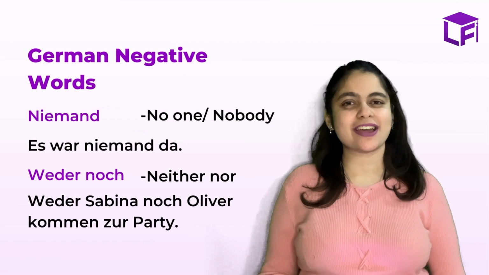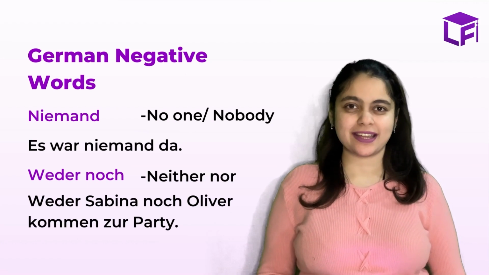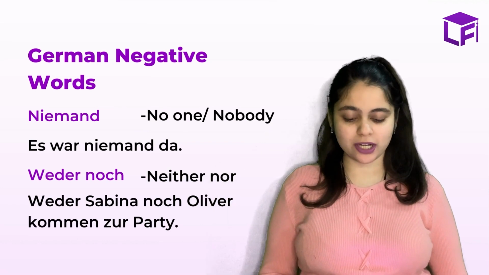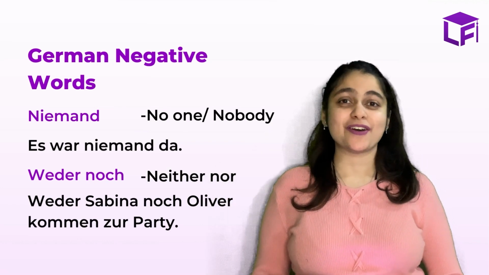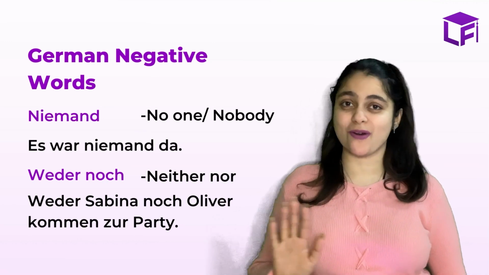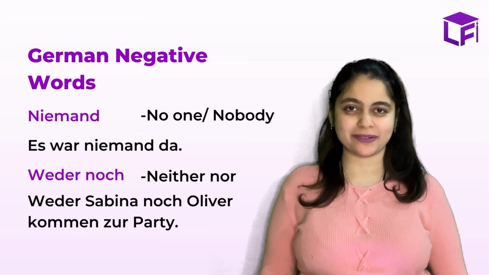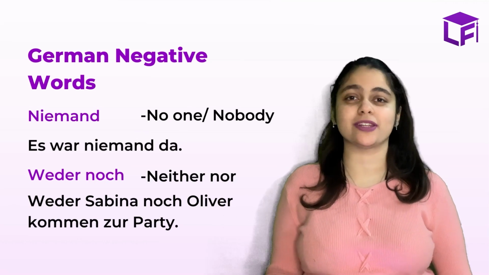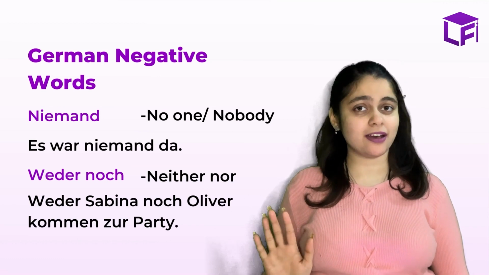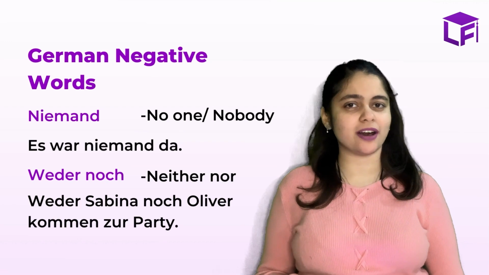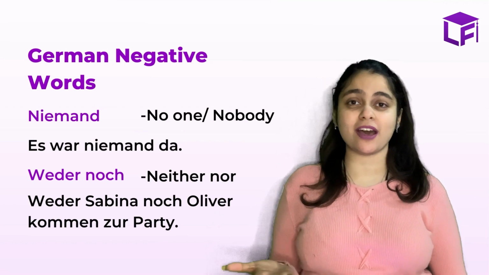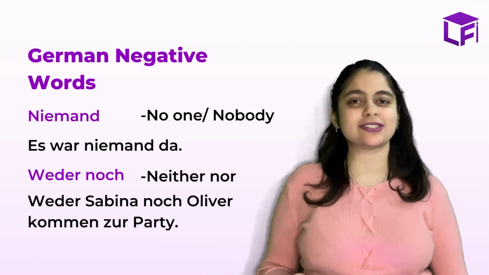Hold on there, guys. We have just a few more left. Now, moving on to the sixth negative. The sixth one is called weder noch. Weder noch means neither nor. The Beispiel to help you understand this better says, Weder Sabina noch Oliver kommen zur Party.